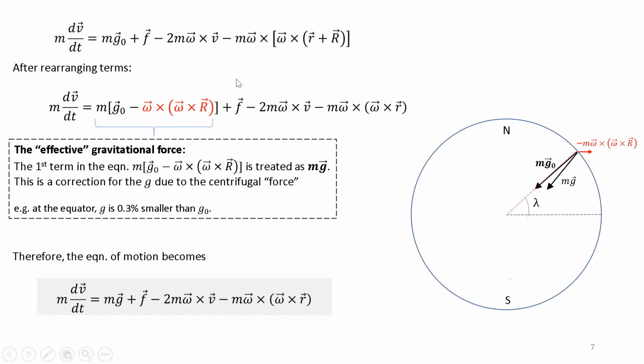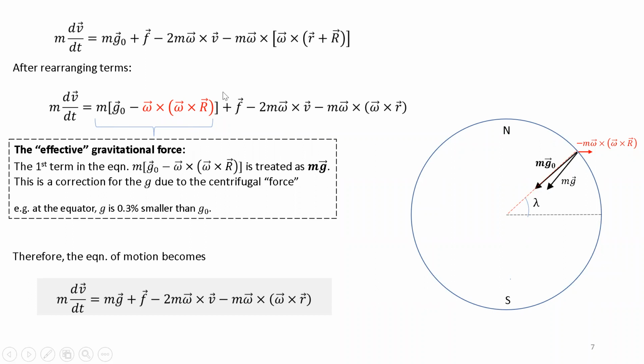Remember, this omega cross capital R term is the centrifugal term, so it's pointing like this, indicated by this red arrow. Now if I sum this vector and this vector, you get a new vector pointing like this one.